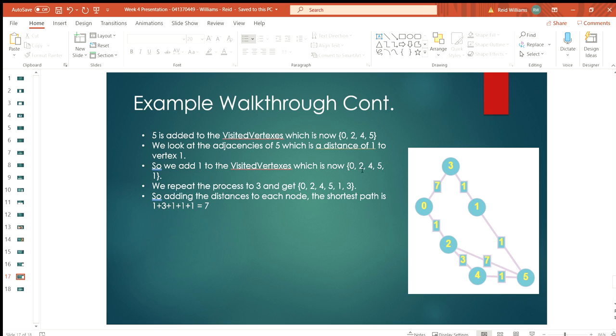Looking at the adjacencies of 5, we do all the same kind of calculations. And the cool thing about the infinite is that, from my understanding of this algorithm, it helps keep the info where it needs to be by saying everything is infinite until we start assessing each adjacency and each vertex.